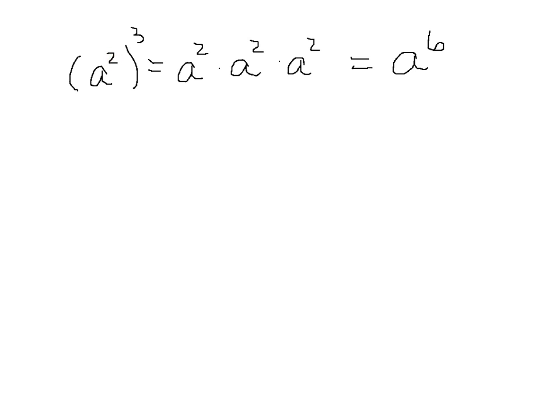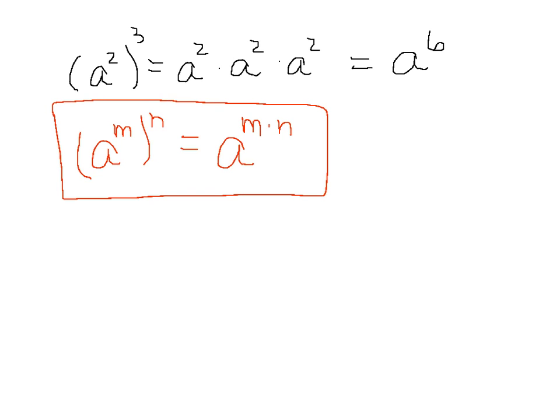So when you have a power raised to a power, you're going to wind up multiplying the exponents. So that's the rule that we'll just jump to right now. If you have a to the m, and it's raised to the n, then that's the same as a to the m times n. Now that's our third rule real quick.